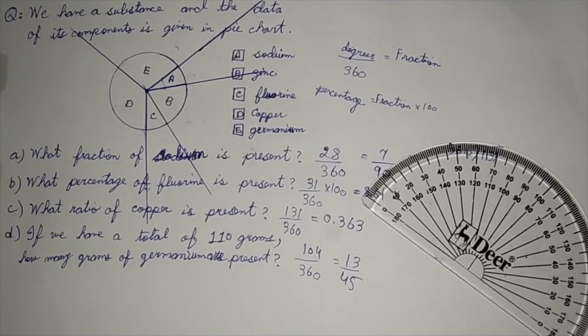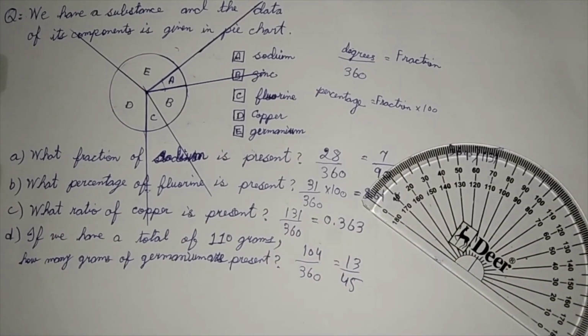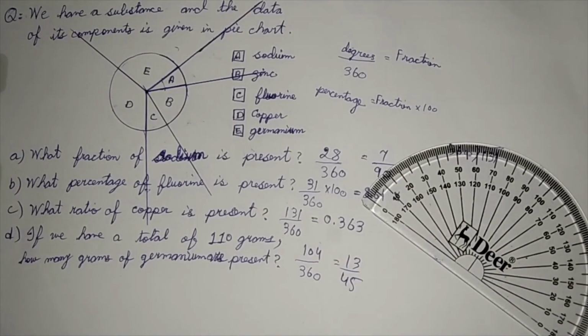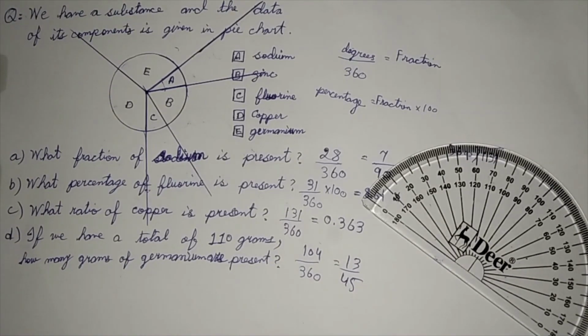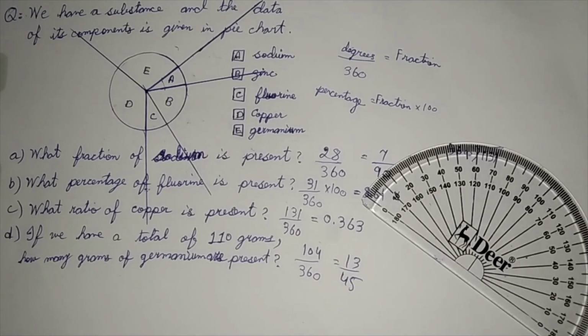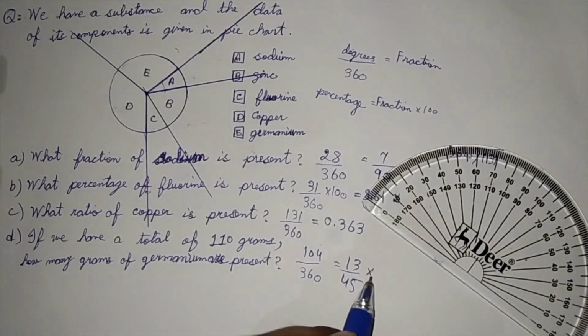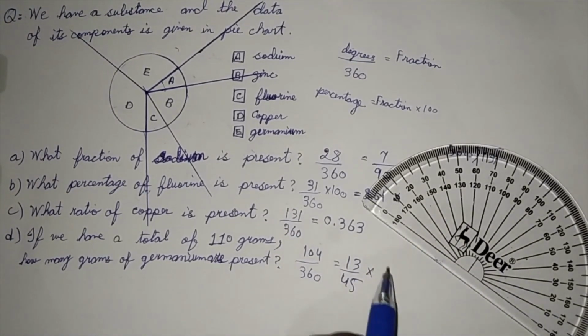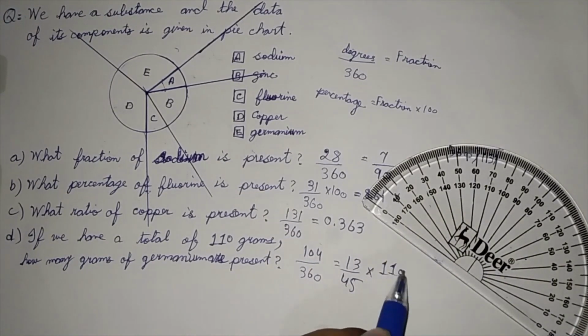If I divide 104 by 360, our fraction will be equal to 13/45. Okay, so now we have found our fraction. Now we will multiply this fraction by the total amount, which is 110.